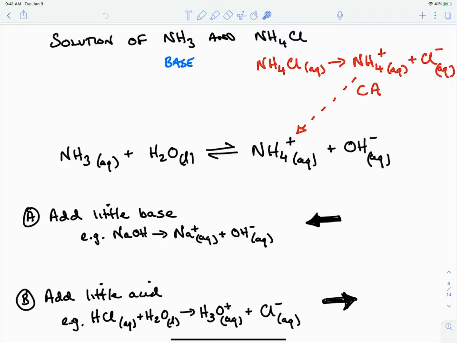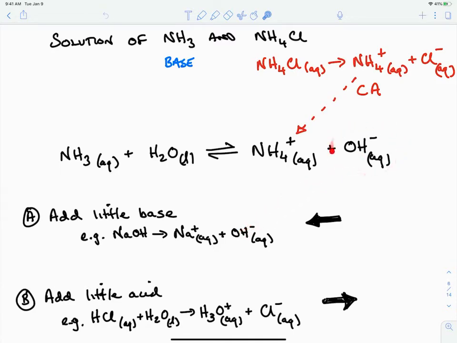And so what would happen if we added a little base to this reaction? If we add some base, a strong base, sodium hydroxide, when you put it in water, it dissociates to produce sodium ions and hydroxide ions. And so if you added a few milliliters of base, you would be adding hydroxide ion.